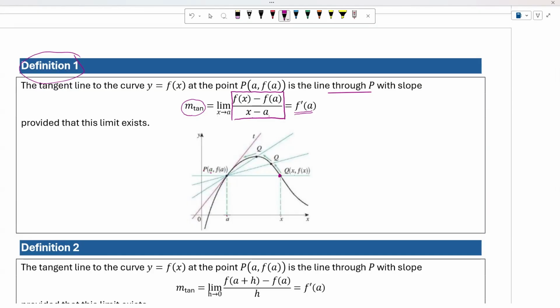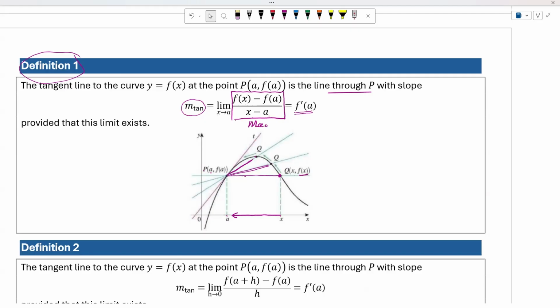As x gets closer and closer to a, what happens to the point Q? Point Q is getting closer and closer to point P, and the secant line is getting closer and closer to, or becoming, the tangent line.